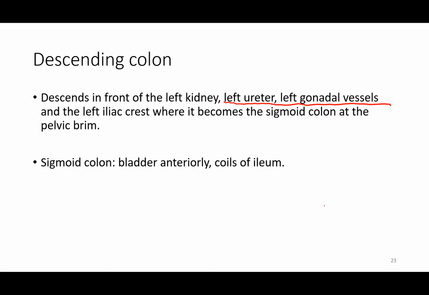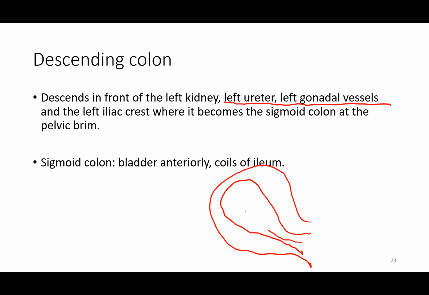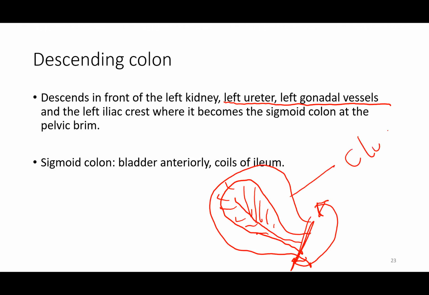Sometimes this sigmoid colon will have a very long mesentery. When they have a long mesentery, they are prone to sigmoid volvulus. That's it, it just twists about its mesentery. And when there's volvulus, they'll form that closed loop we are talking about.